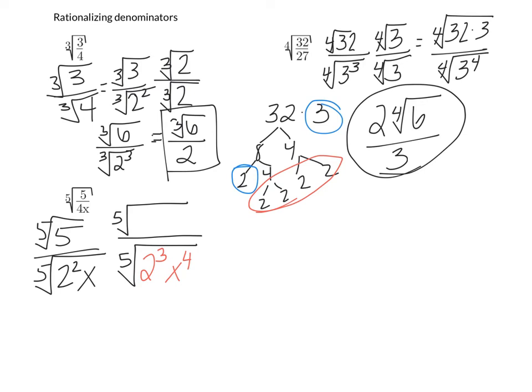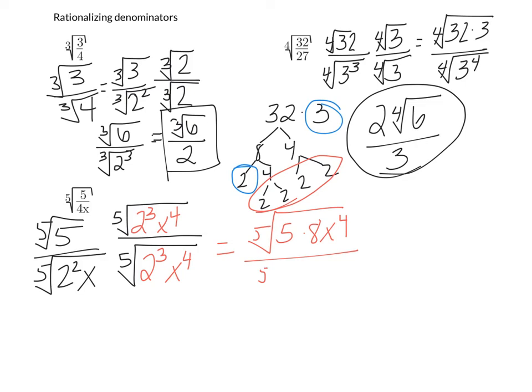So whatever I do to the bottom, I'm going to do to the top. X to the 4th. And when I multiply that together, I get, let's see, where do I want to write this? Fifth root, we're going to go 5 times 8, x to the 4th. That's my numerator. There's no groups of 5 in the numerator, so I'm going to not simplify that.